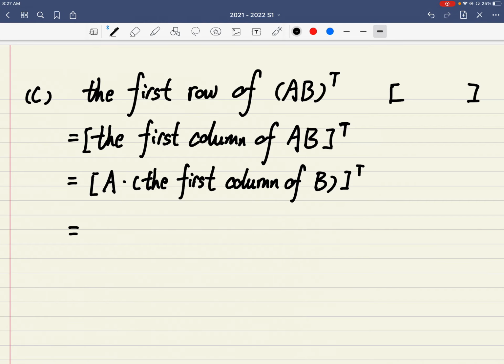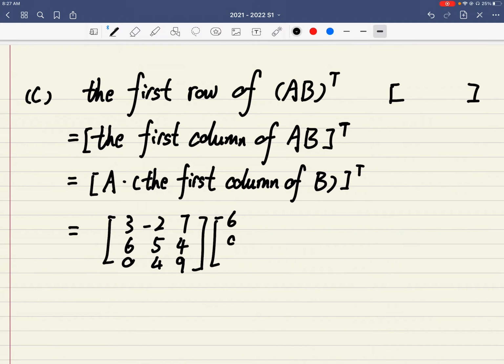Right, what is A? A is this. What is the first column of B? First column of B is this.